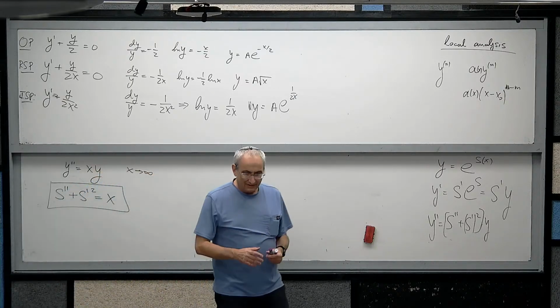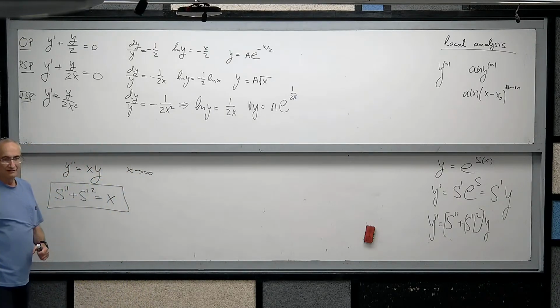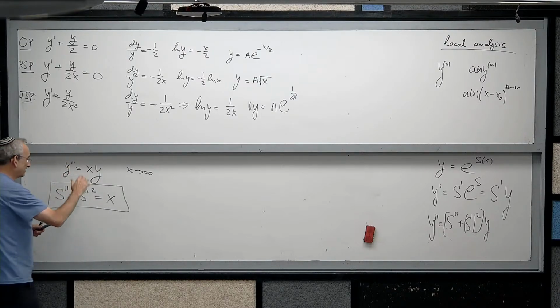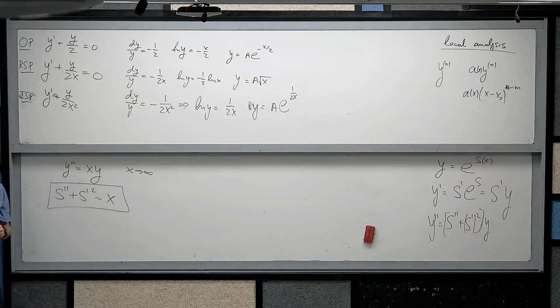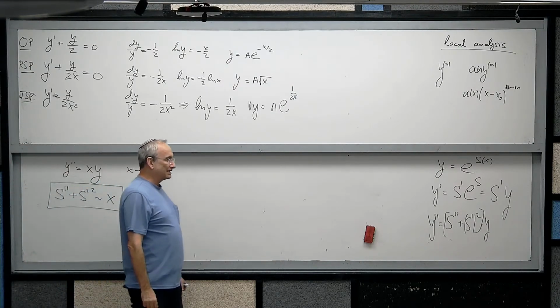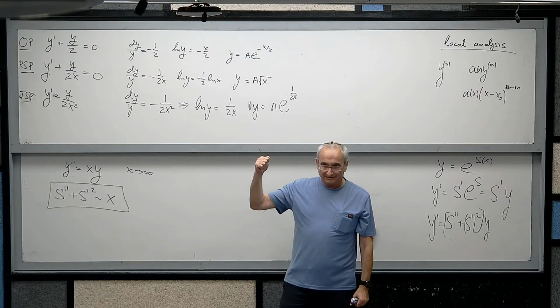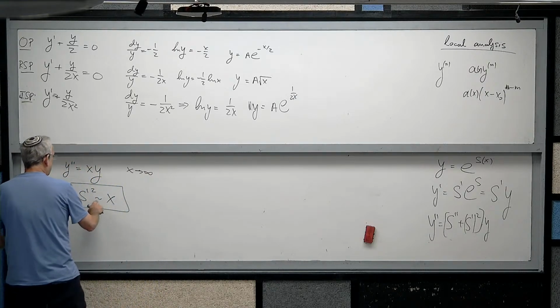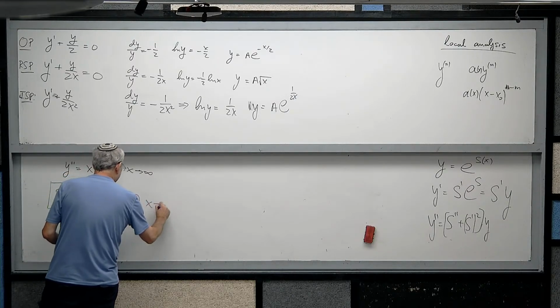Okay. And now comes the big trick. We take the trumpet, right? Now I don't want to find s such that s double prime plus s prime squared will be equal to x. I want to find s such that s double prime plus s prime squared will be asymptotic to x as x goes to infinity.